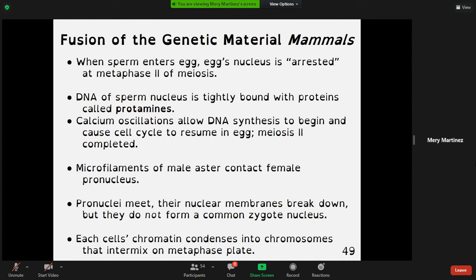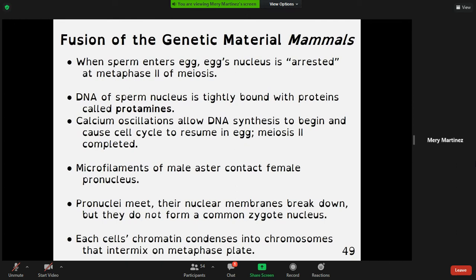The centrosome from the sperm, using proteins stored in the ovum, because remember, the sperm doesn't have too much stuff inside, right? It has the nucleus and just a few mitochondria in the midpiece. So the centrosome of the sperm will use some proteins that are stored in the ovum to make the aster. Okay, and then the microfilaments of the aster contact the female pronucleus.